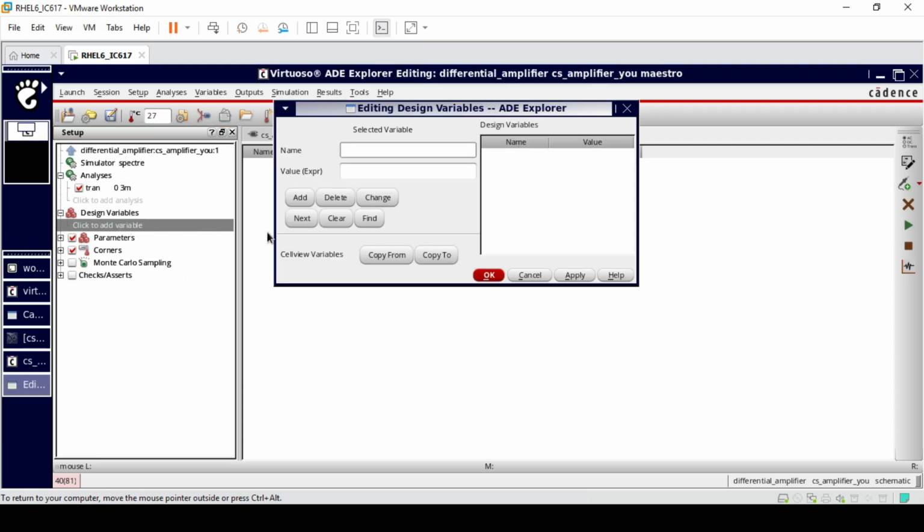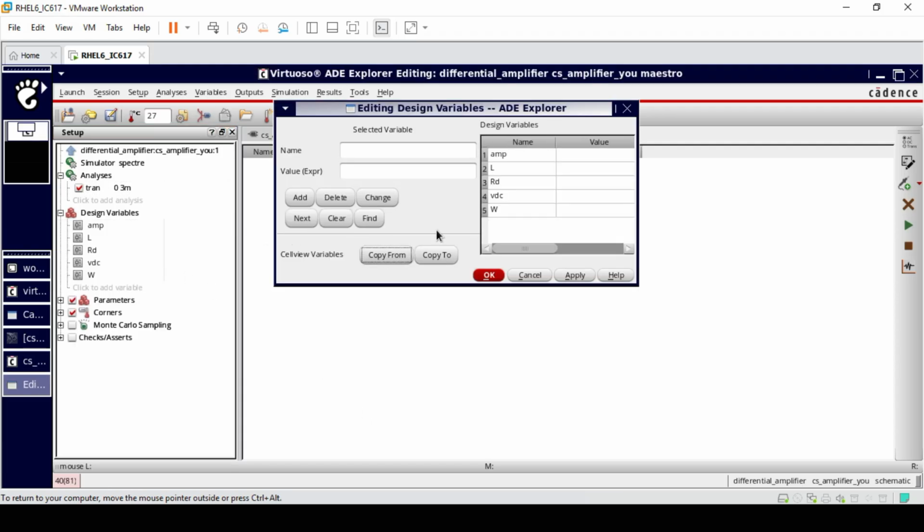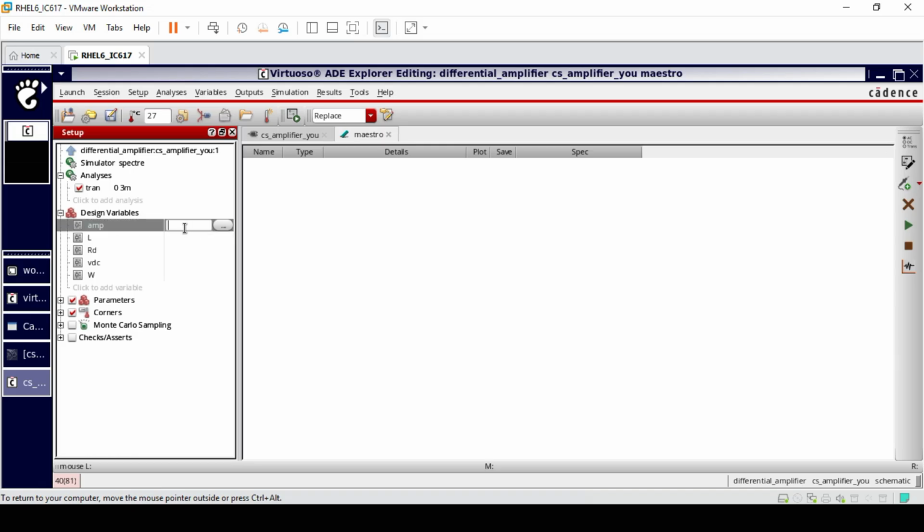And for design variables, I have to select all the design variables already mentioned in the schematic. Amplitude of around 10 millivolts.